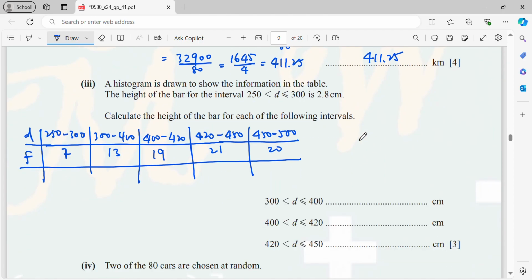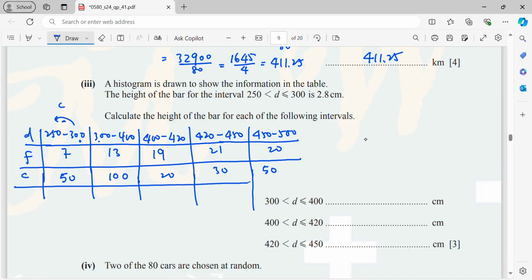Now I need to find the class width, which is C. Since these two are the same values, the boundaries will be the same as the limits. You just subtract, and that is your class width. So here I get 50, then 100, 20, 30, and 50.